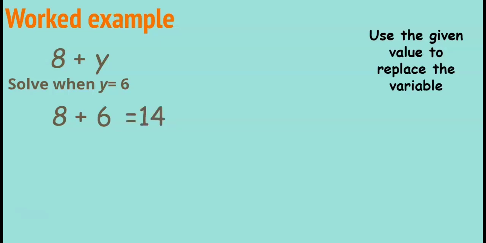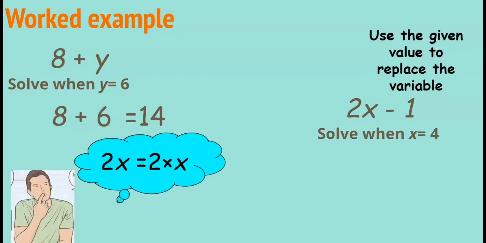Pretty easy. But let's look at another one that may be a little bit more difficult. Let's look at 2x minus 1, and we're going to solve when x equals 4. To do this, we need to recall what 2x means. 2x literally means 2 times x.